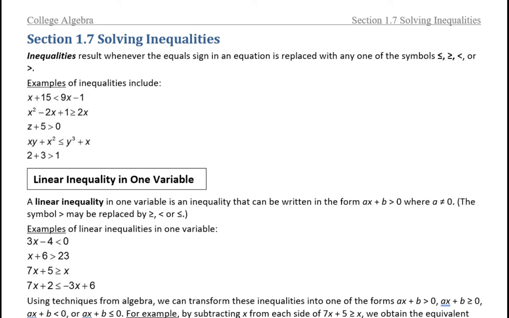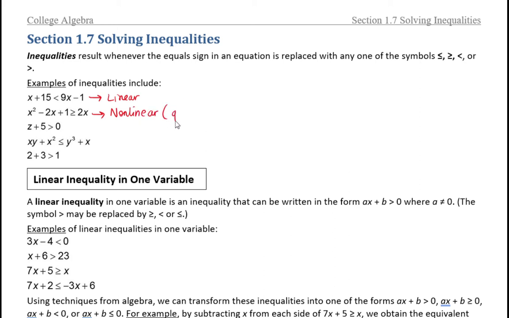We also have the terms linear, quadratic, cubic, and similar terms from equations. If the power of x is 1 with constants as coefficients, then that becomes a linear inequality. So for example, this one is a linear inequality. This is a linear inequality. This one is non-linear because of x squared.